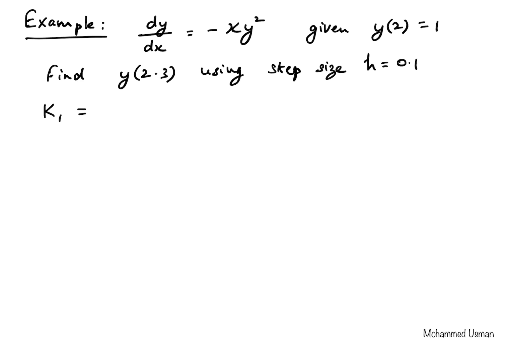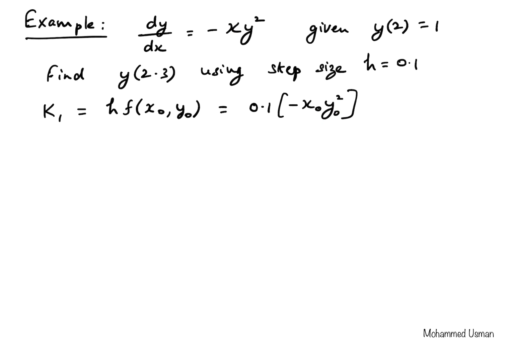K1 is h into f of x0, y0. H is given to us as 0.1 into f of x0, y0, which is minus x0, y0 squared, because the function we have is minus xy squared. So in place of x, we put x0, and in place of y, we put y0.